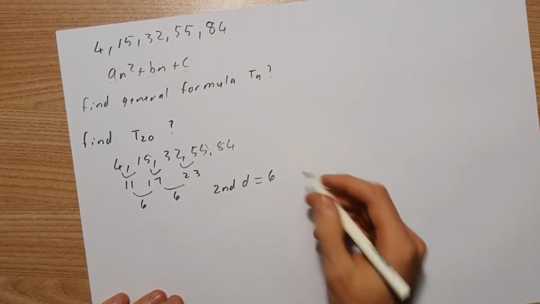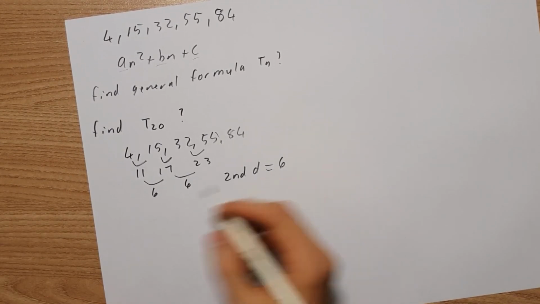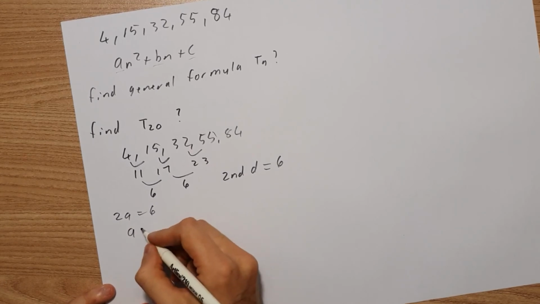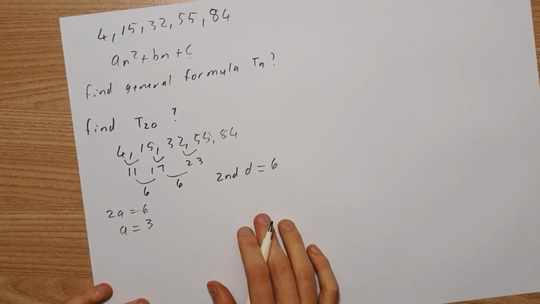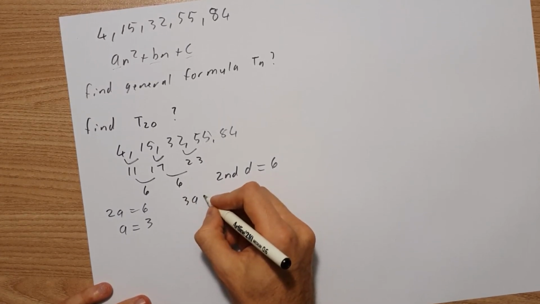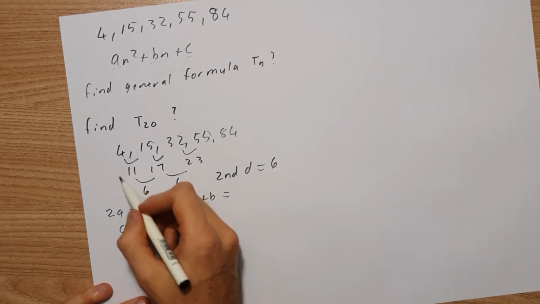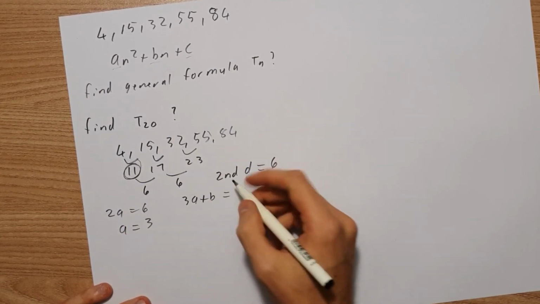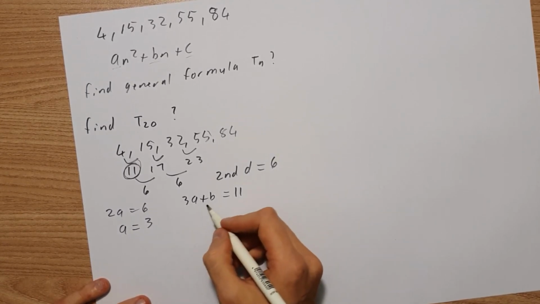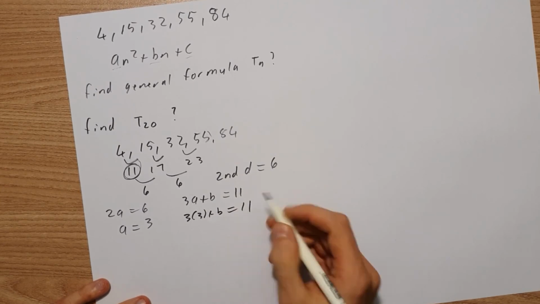equals 6. Now remember we showed how we got to the formula to find a, so we know that 2a equals 6. So a in this is going to equal 3. Now to find b, we said 3a plus b is going to equal 11. So this number over here is going to be 11, and then we substitute 3 times 3 plus b equals 11.